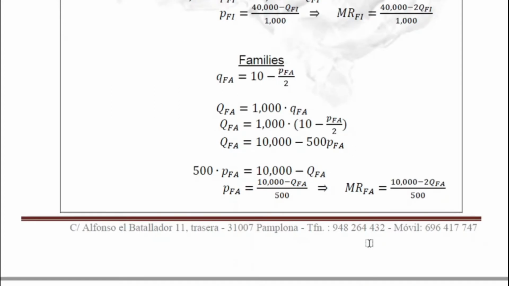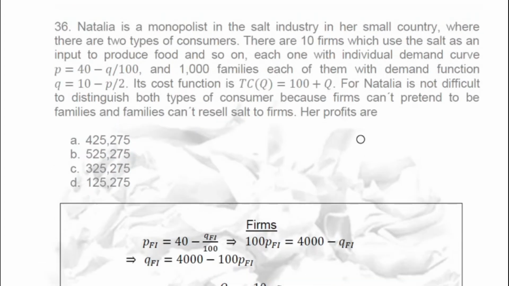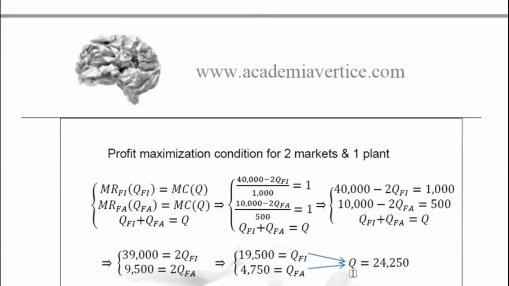Okay, then we apply that marginal revenue for firms equal to marginal revenue for families equal to marginal cost, that was 1. So we isolate q for firms, q for families.